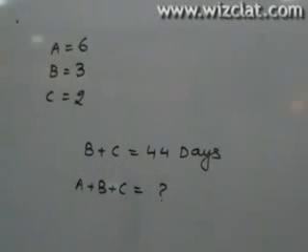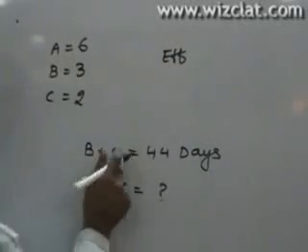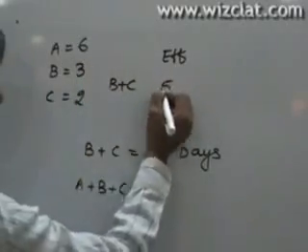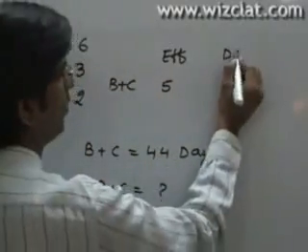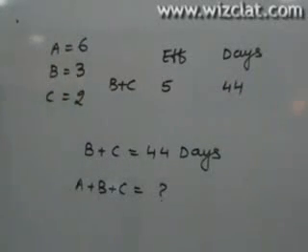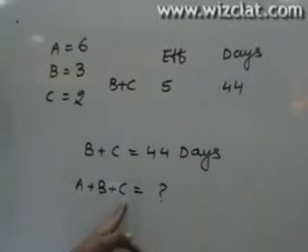My whole concern is with the efficiency. So, the efficiency of B and C together is equal to 5 and the number of days they require is equal to 44. Okay? The question is, how long will A, B and C take to do this work?